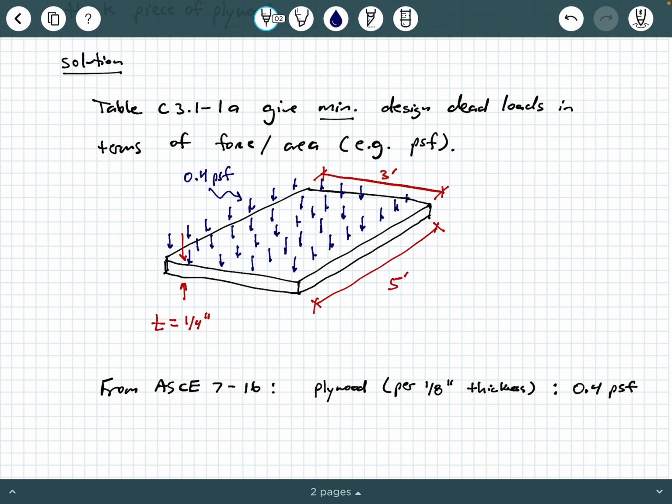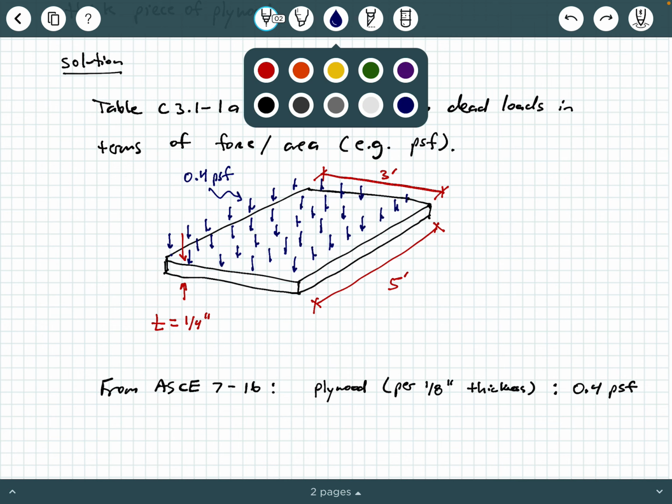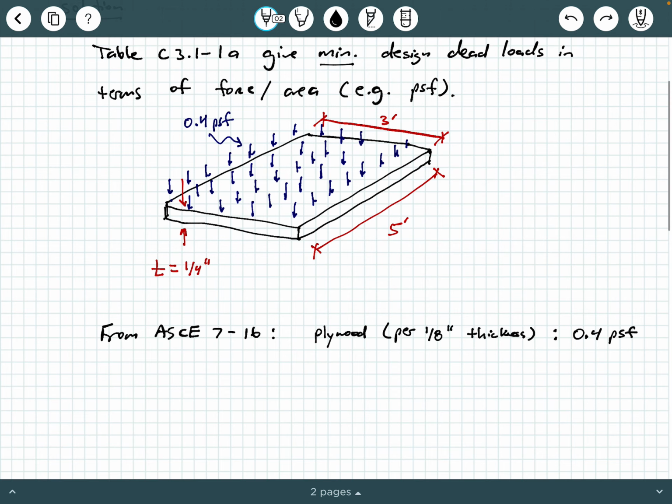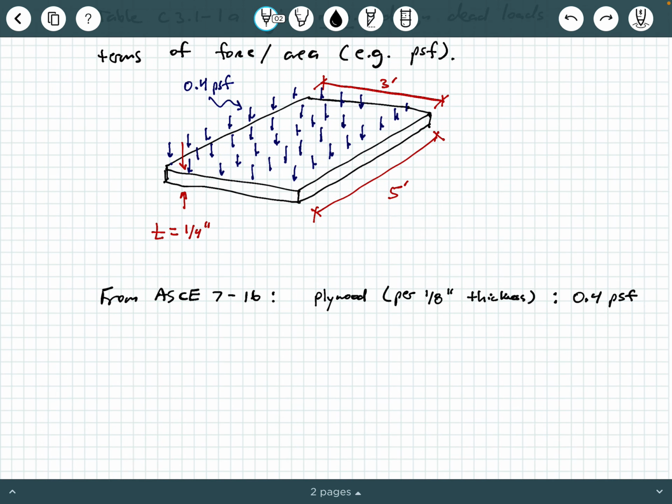That means every 1 by 1 square foot of this piece of plywood has a weight of 0.4 PSF, and so on and so forth. That's what this means. So let me undo some of my scribbling here. Here's what we need to do. It's 0.4 PSF per eighth of an inch.